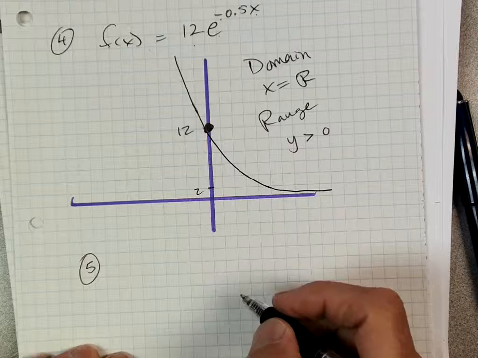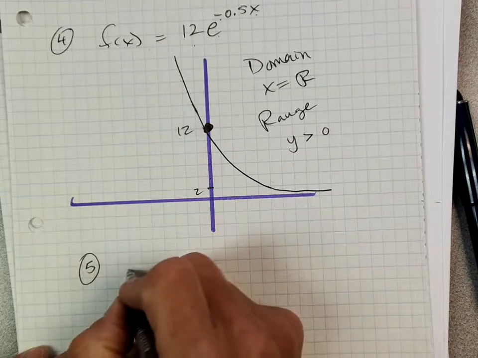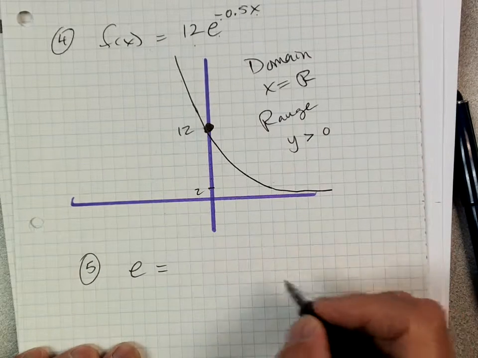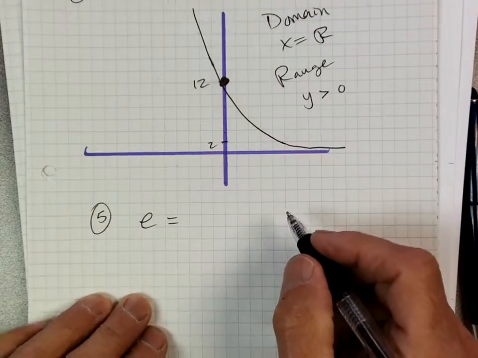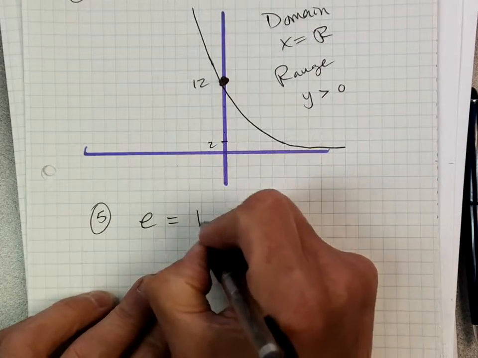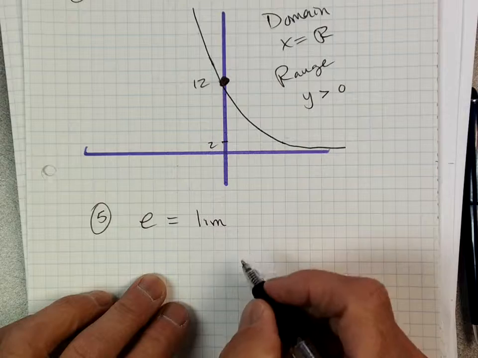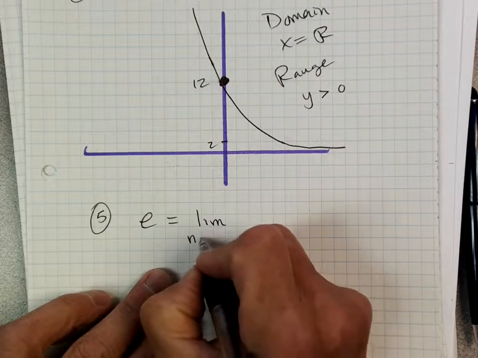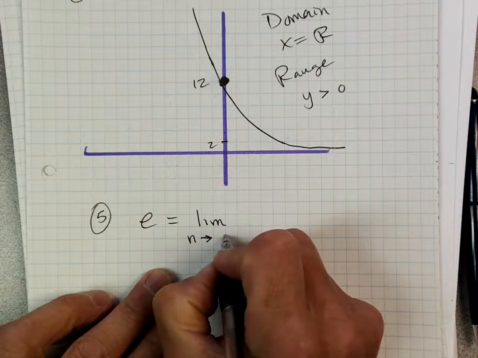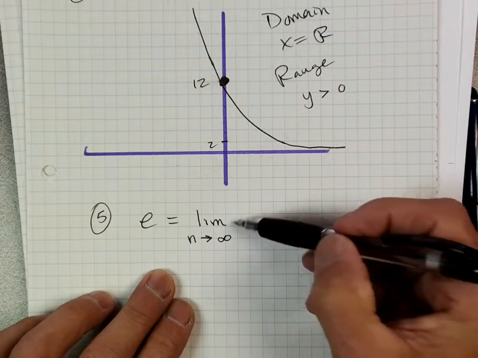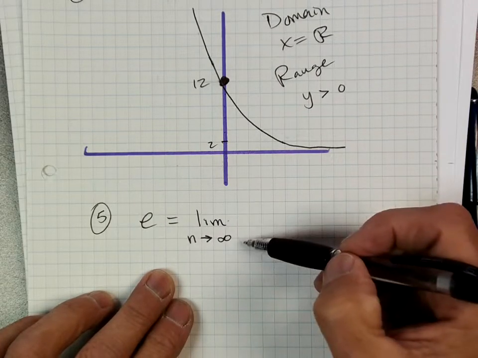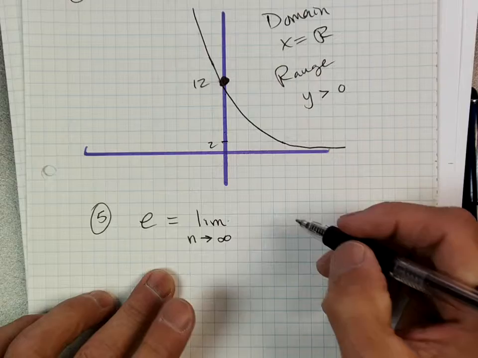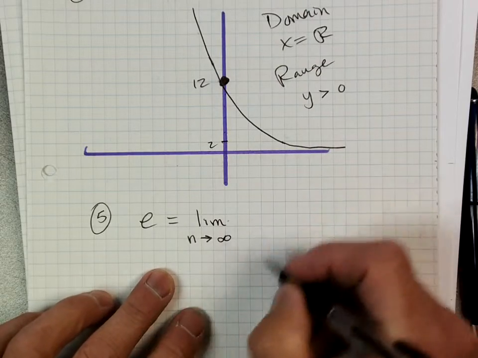Okay, 5. Define the number e. E is equal to this, and you need to put it exactly like this: lim, limit, as n approaches infinity. Make sure that it's written like this. This is a calculus term, but that's okay. We can learn a little bit of calculus and pre-calculus.